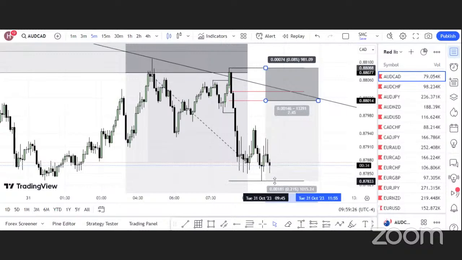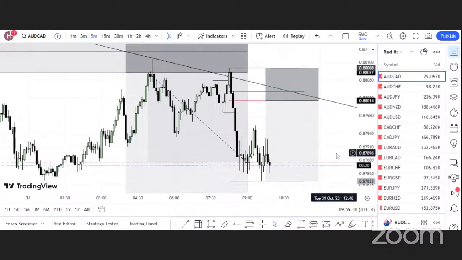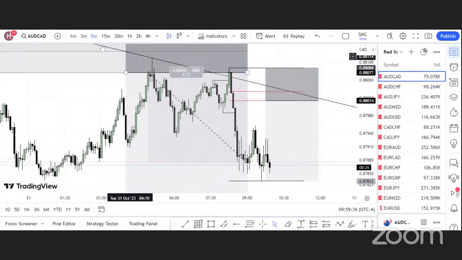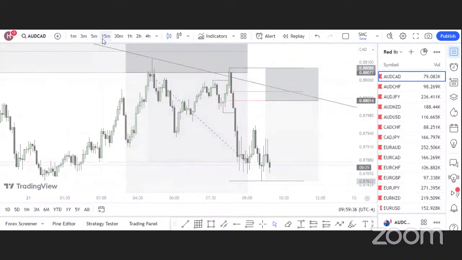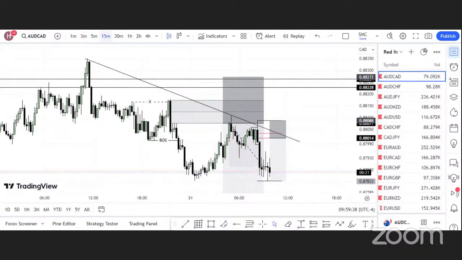I can even target below, but I'm just going to target here. But I believe that this market is going to go down further. So this is the 5 minutes time frame, and this is what I'm currently waiting for the market to do.